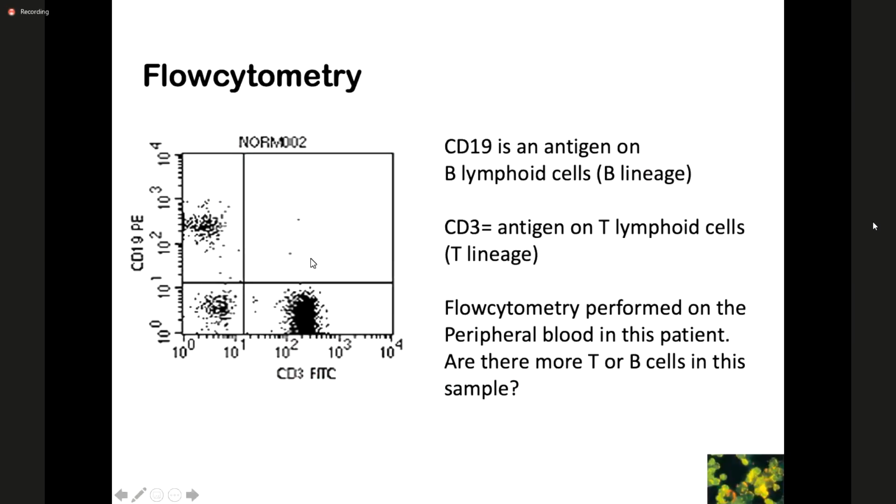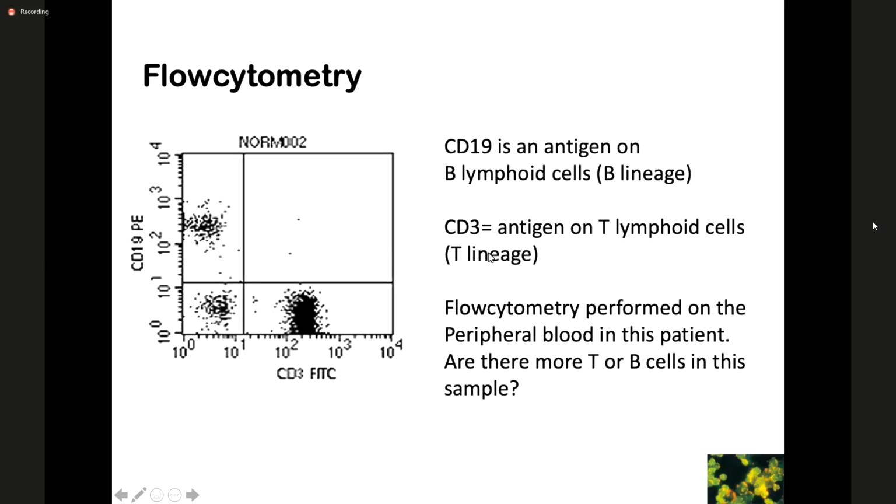So this is a question. Here CD19 is an antigen on B lymphoid cells. So we use CD19 to differentiate the B lineage cells, and CD3 is used to differentiate the T cells, because this is positive in T cells.